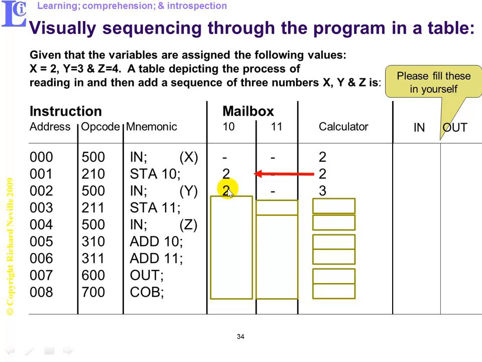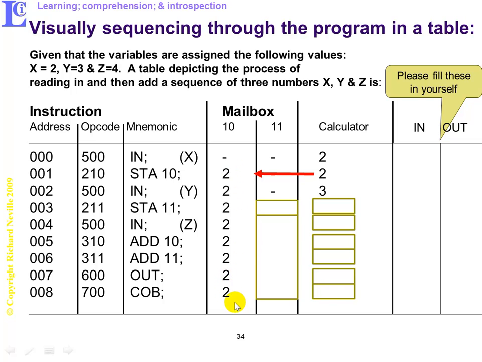Now the next instruction is store A, that means move the data in the calculator, 3. Before we do that, remember you should write down all the 2's now, because if you look here, there's no other store to 10, so just write down all the 2's. Mailbox 10 has 2 written in it, and it's first written here, and then it stays there. It stores the number 2 throughout the program.